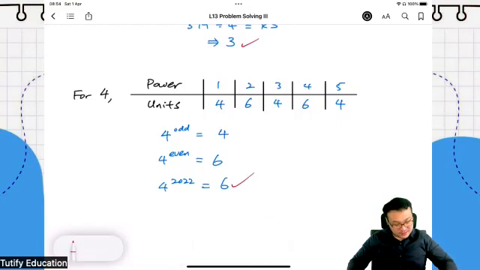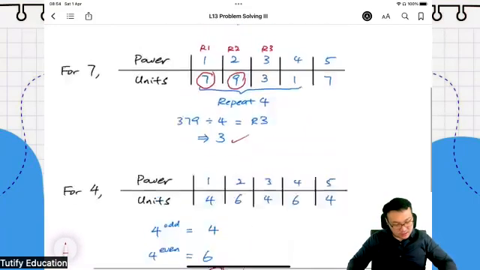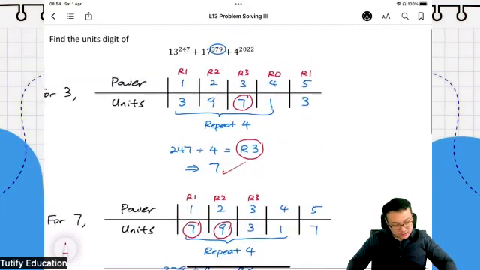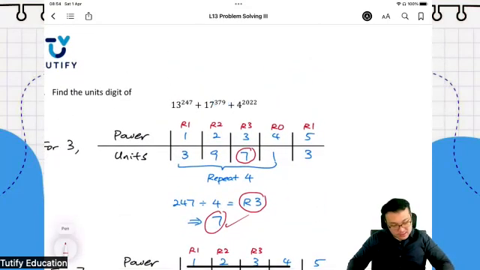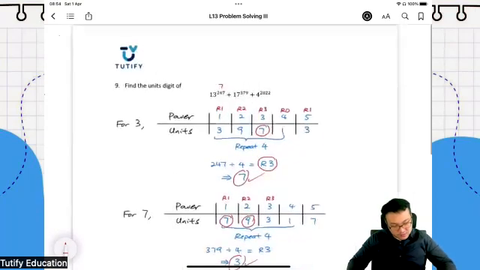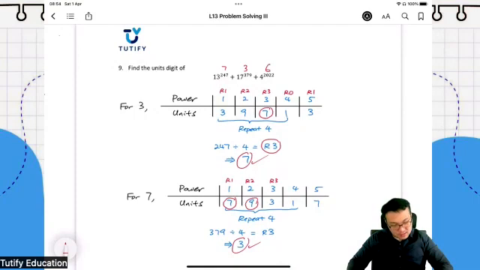Good. So now you have 6 here, 3 here, and 7 here. That means the last digit is 6 here, 7 here, 3 here, 6 here.